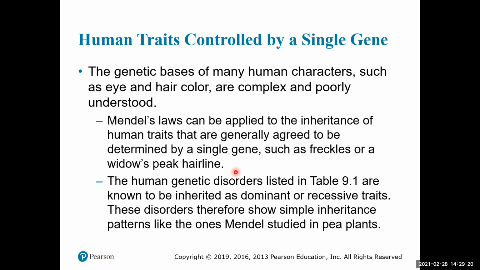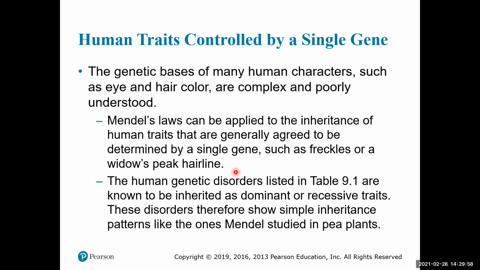But now there are a bunch of human characters, for example, eye color, hair color, and height, that are really complex and a little bit more difficult to understand because these characters aren't really tied to a single gene. They are generally tied to multiple genes, and that means that the inheritance patterns are not as simple as the ones that were developed by Gregor Mendel. And so Mendel's laws can be applied to human traits that are determined by a single gene.